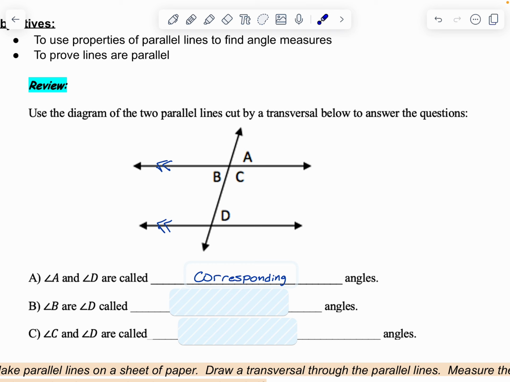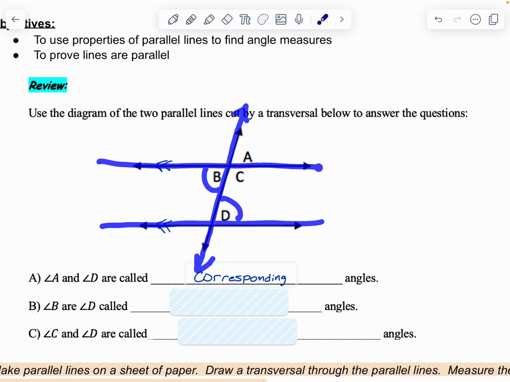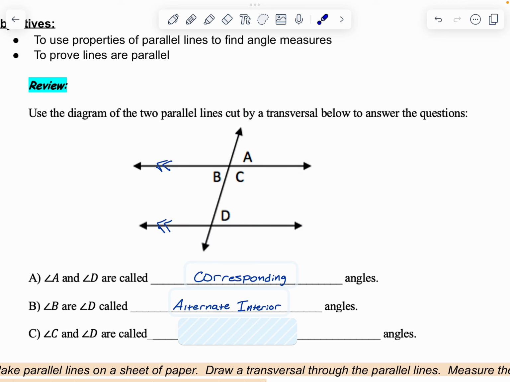The next angle pair that I want to look at, angles B and D. There's my transversal line. They're on opposite sides of the transversal. They're inside the two parallel lines. That would make them alternate interior. Those are my two alternate interior angles.